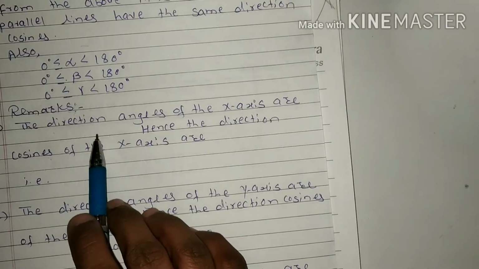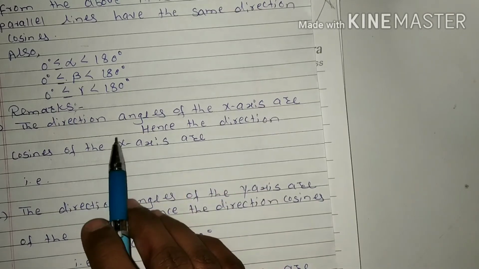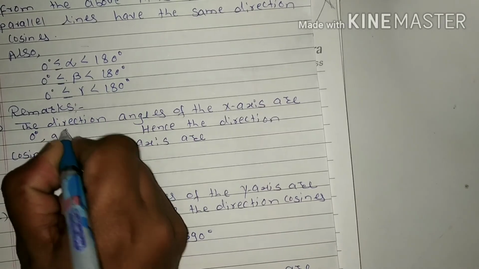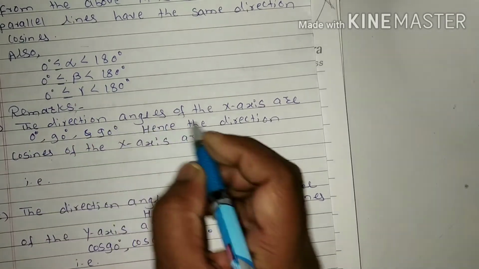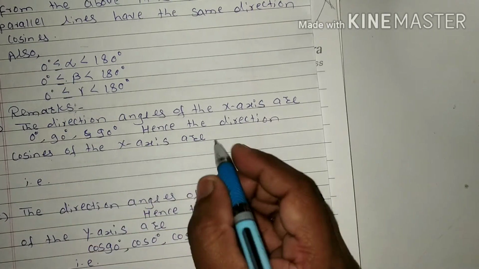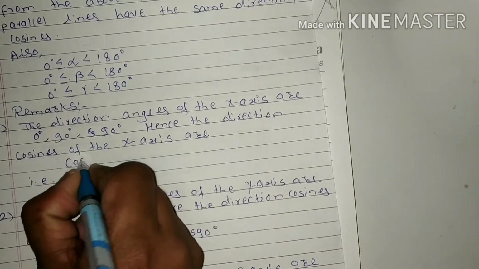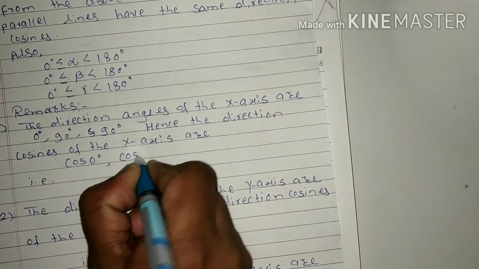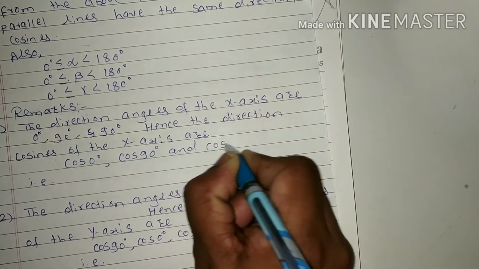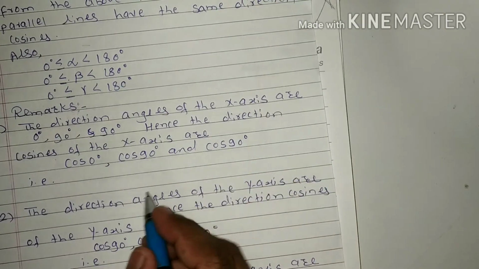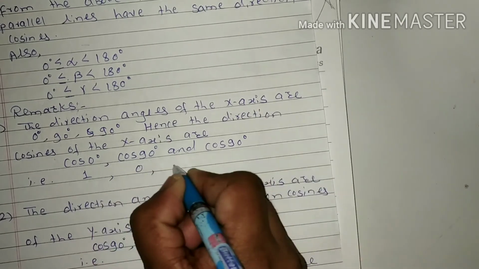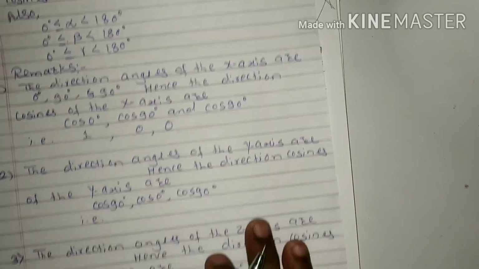Take its remarks. The direction angles of the x-axis are 0, 90 and 90 degree. Hence the direction cosines of the x-axis are cos 0, cos 90 and cos 90, that is, 1, 0 and 0.